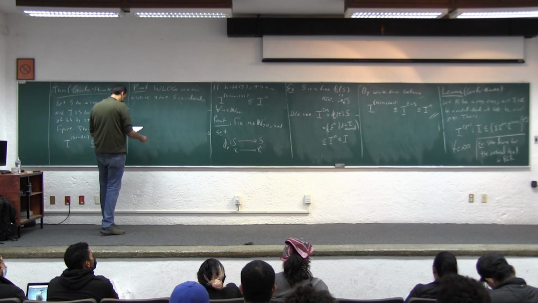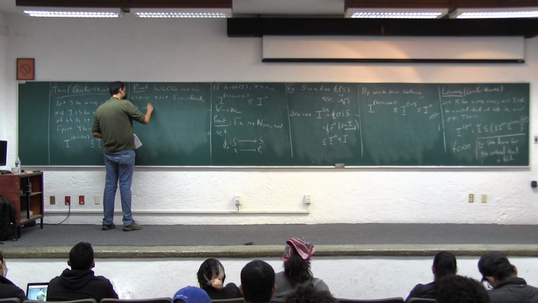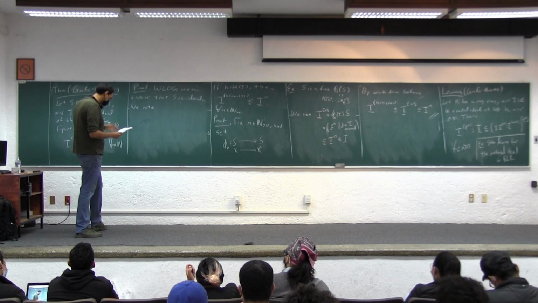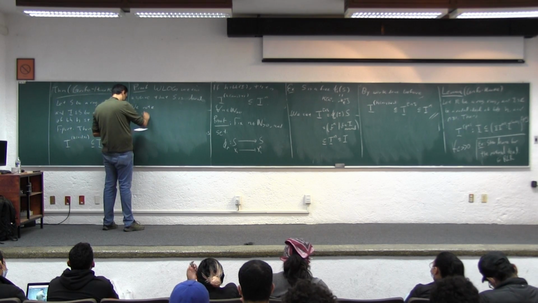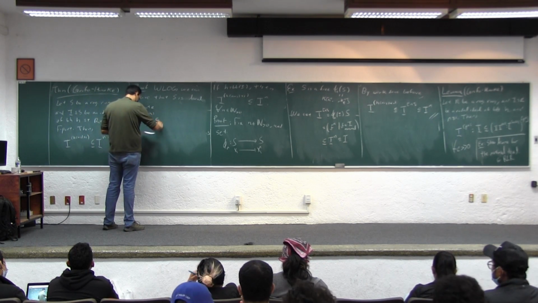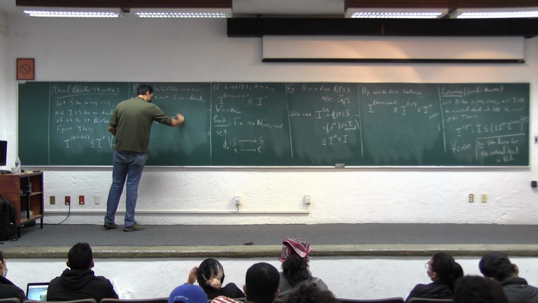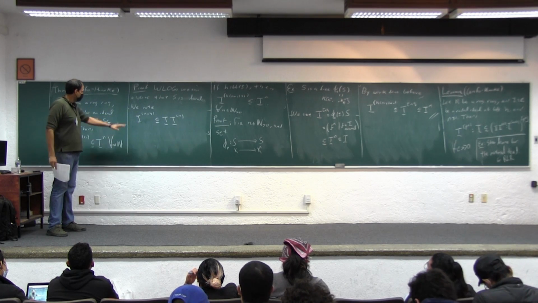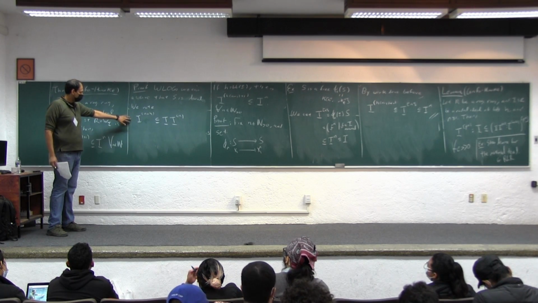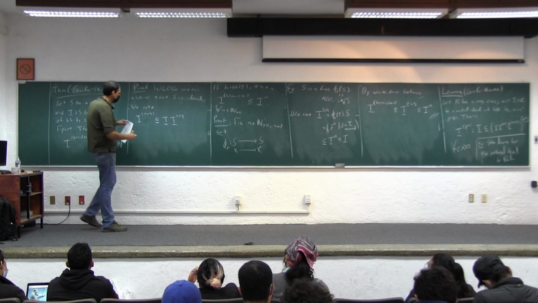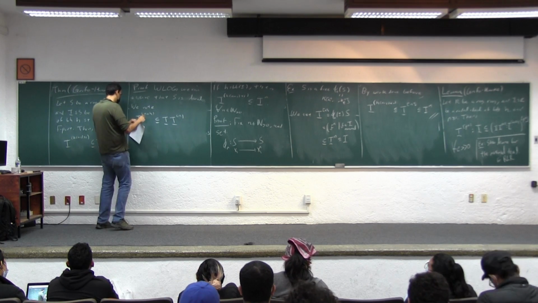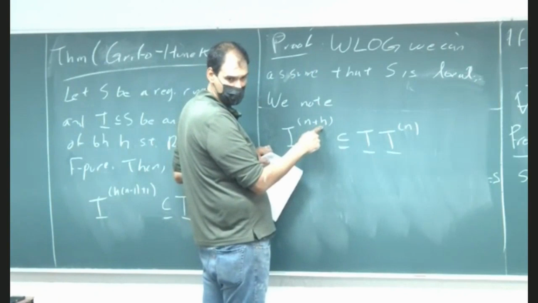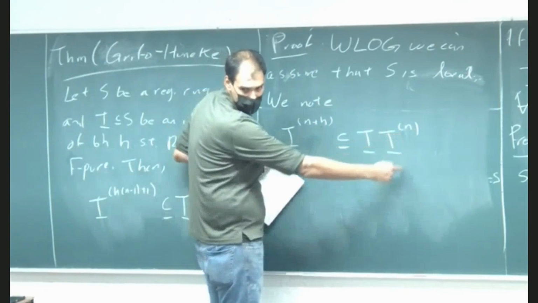Okay. So first we note, and this is a pretty deep observation, that I symbolic N plus H is contained in I to the N. We're going to prove this in a moment, but this is the strategy. What this is telling us is that to lower the H in the symbolic power, you pay by putting an I outside.